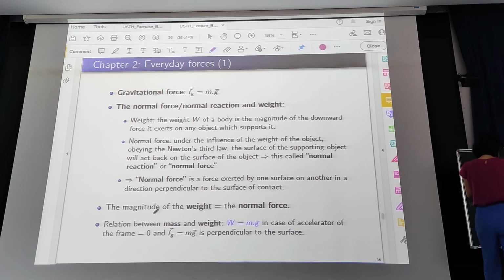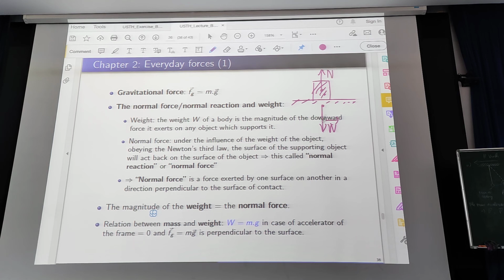For example, I have a floor, and my body is here. So I hit the floor with the weight. The weight acts on the floor under my influence, and then in reaction, according to the third law of Newton, the floor will act back on me with the normal reaction. It's called the normal reaction.